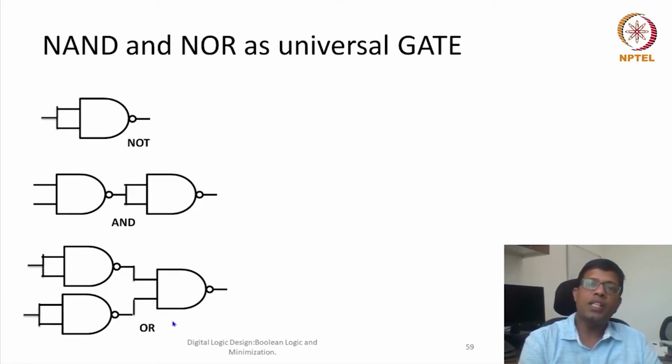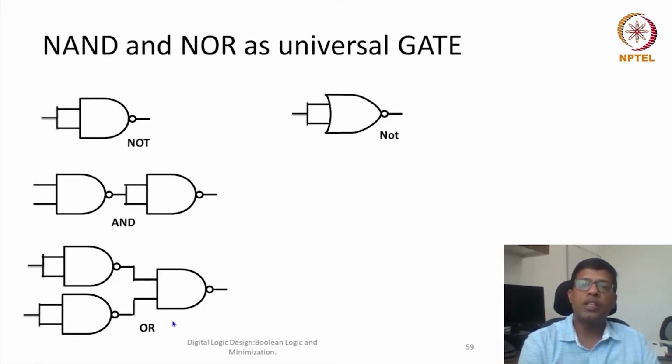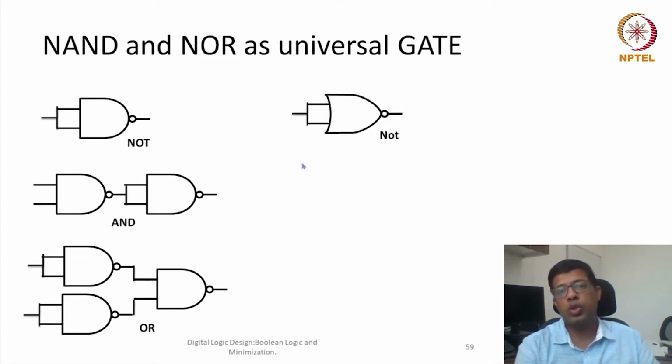Very similarly, the same thing would happen in the case of NOR gate. In a NOR gate also, A plus A is equal to A, so that means this also does not have any value, but because of this inverted output, if I tie both the inputs of my NOR gate, it will also effectively work like a NOT gate.